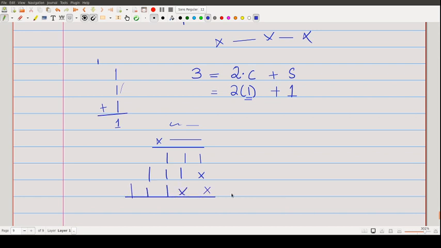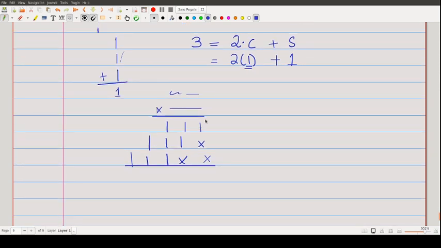Now let's do this addition. This is simply 1, this is 2, so 2 can be written as 1 times 2 plus 0, so the last digit is 0, or you can just think of 2 as 1 0, put the last digit here and you carry it over here.